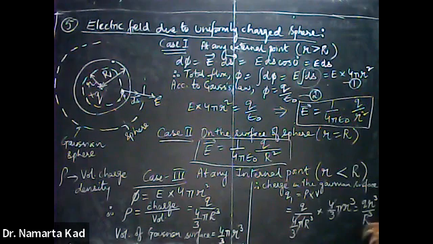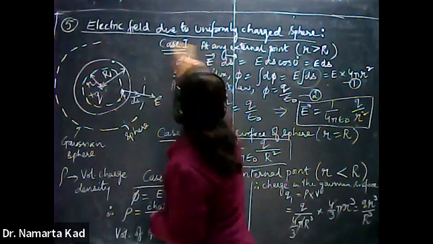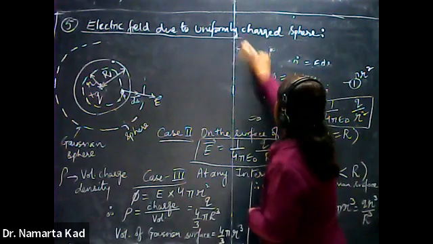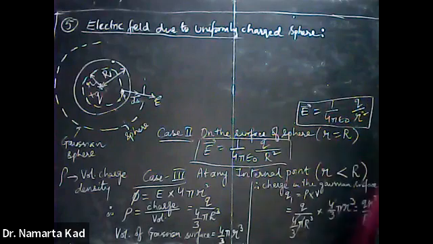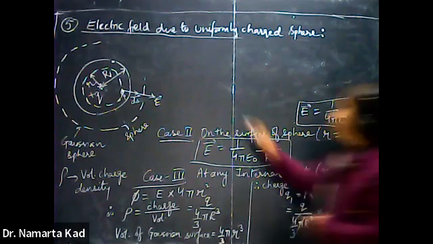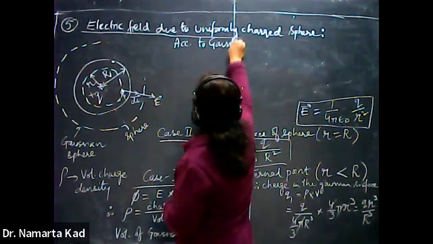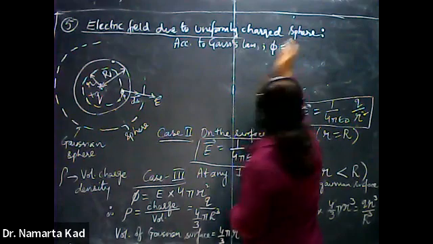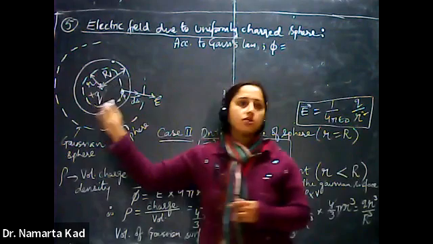Now, according to Gauss's law, phi is equal to, now we have to apply Gauss's law for this internal Gaussian surface.